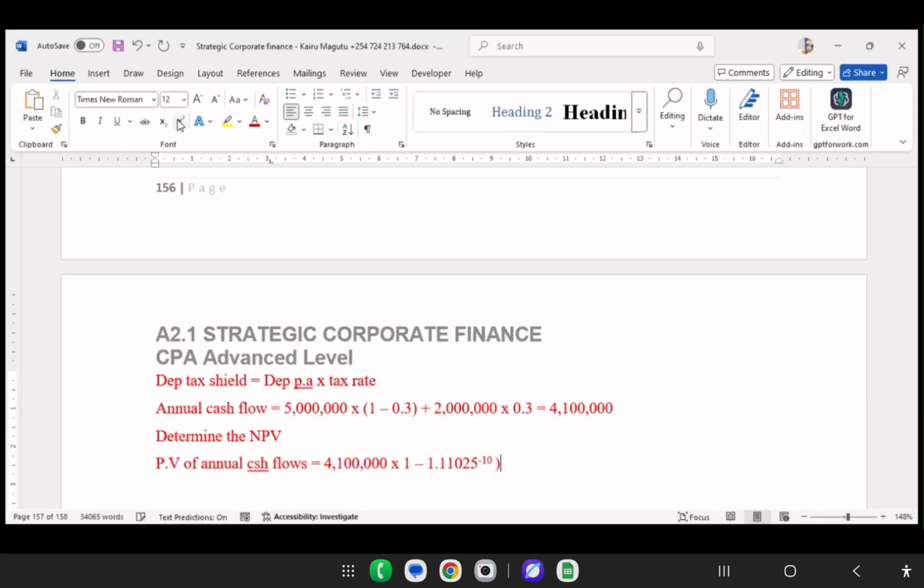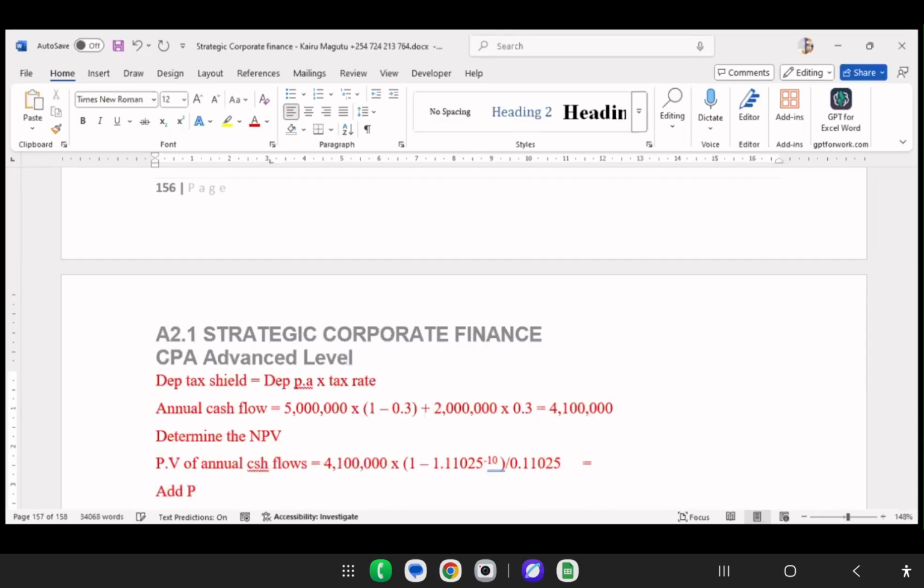Then whatever you get there, you divide by 0.11025. I think it should be that way. So this is the discounting factor. It will give us the present value of the annual cash flow.